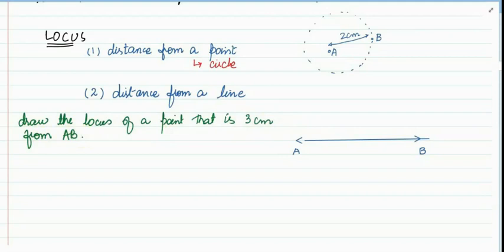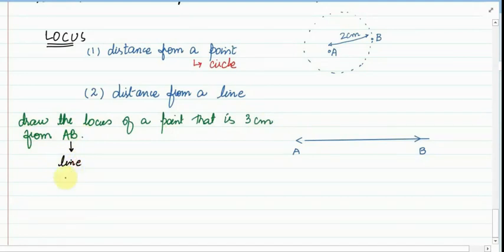Now the first and the most important thing is that AB is not a point, it is a line. That is why the condition is distance from a line. So when you have a distance from a line, how do you draw the locus? You need to draw parallel lines.